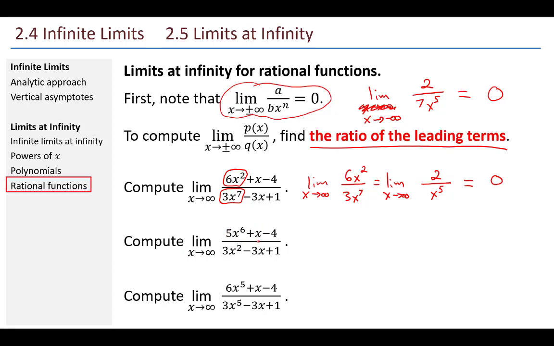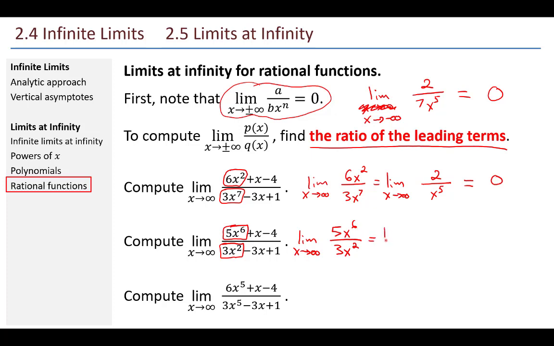Let's take a look at the second example. So in the numerator, the leading term is 5x to the 6. In the denominator, the leading term is 3x squared. I'll take the limit as x goes to infinity of that ratio, 5x to the 6 over 3x squared. In this case, the higher power of x is on top.